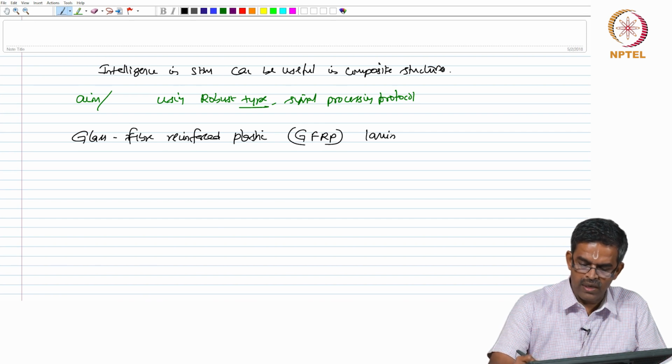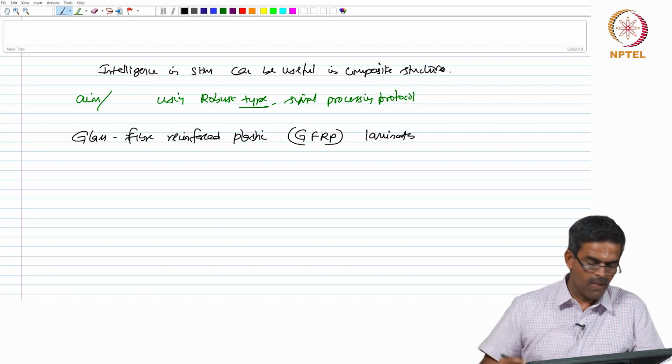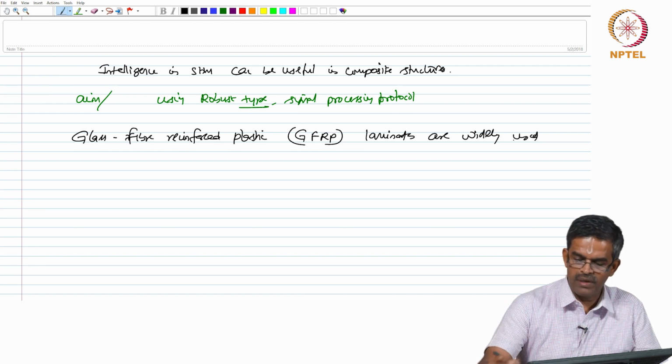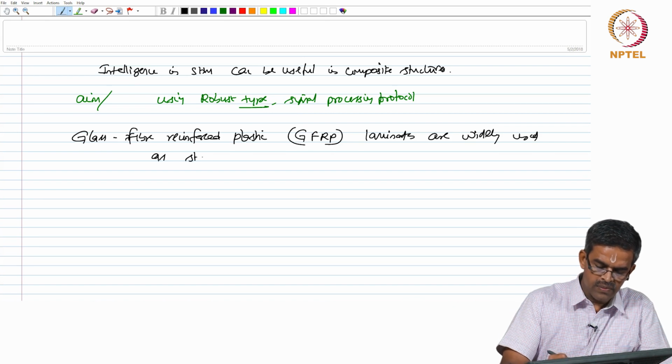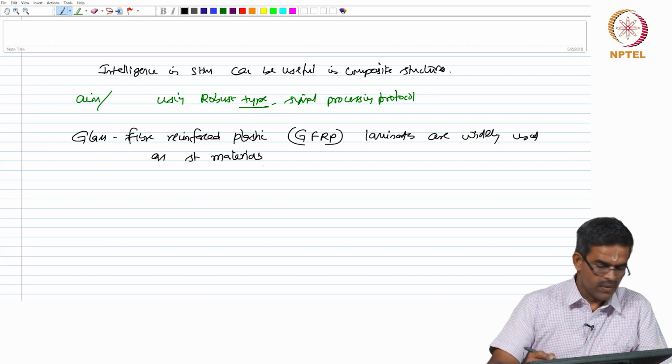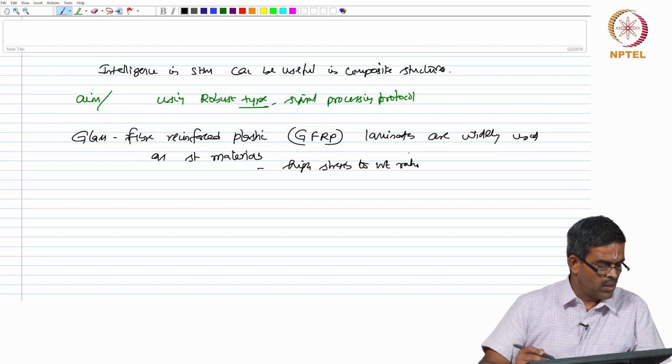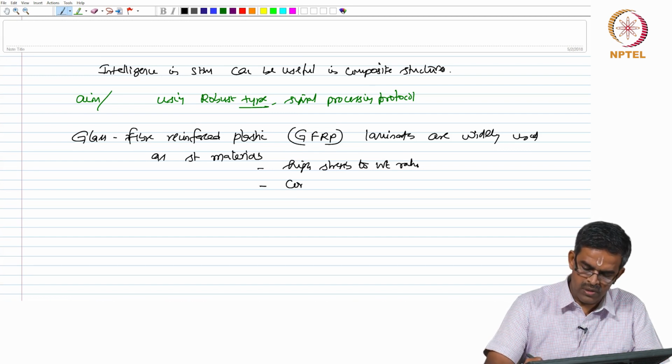Laminates are widely used as structural materials because they have high strength to weight ratio and good corrosion resistance.